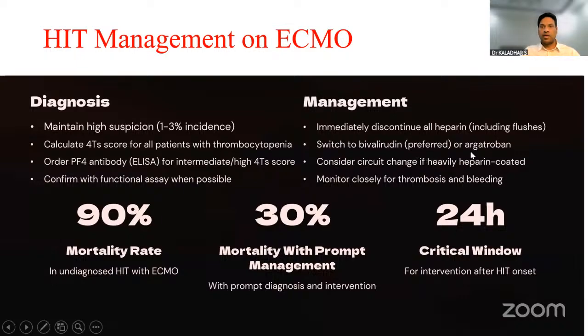And then even argatroban if possible. Consider a circuit change. Sometimes if the circuit is heavily heparin coated, even after stopping the heparin and resorting to bivalirudin, there is still a possibility of heparin remaining in the circuit, which can lead to devastating consequences. Of course, this has to be weighed against the risk of changing the circuit.